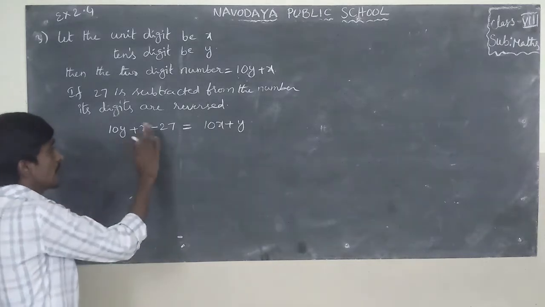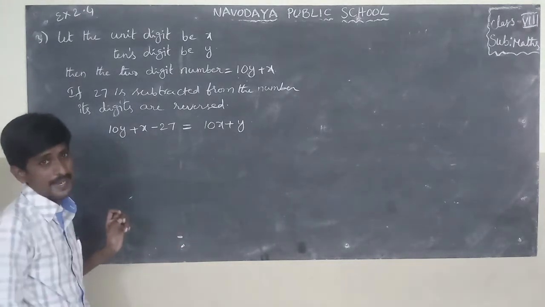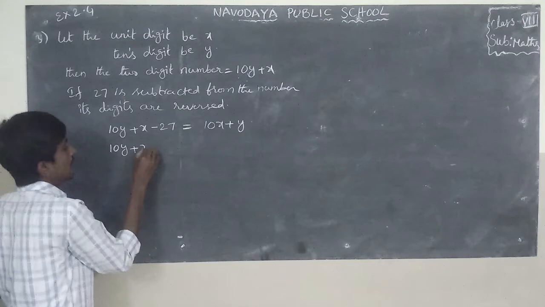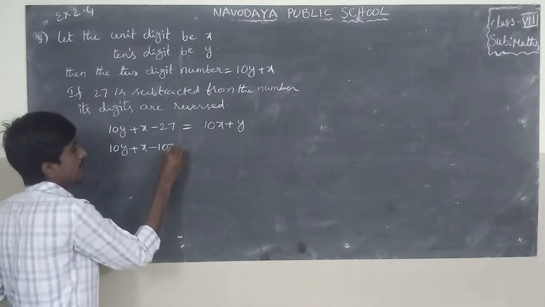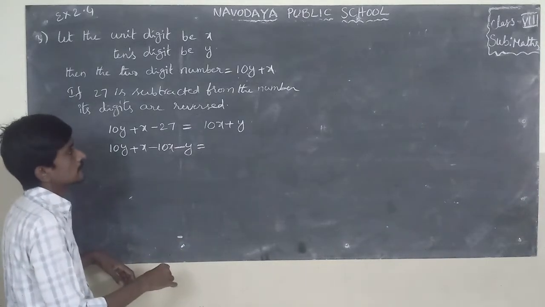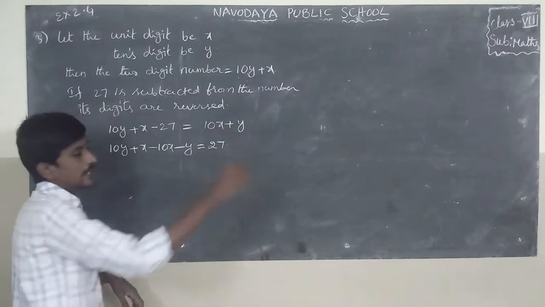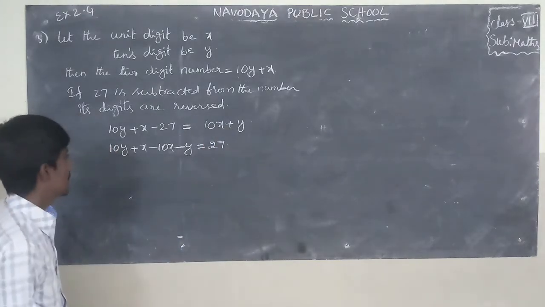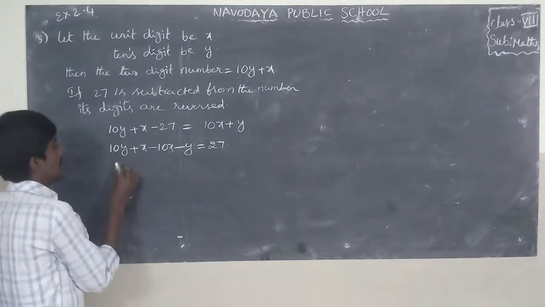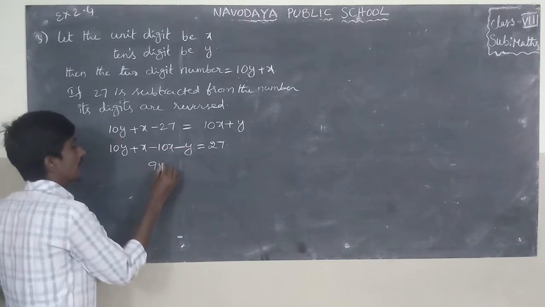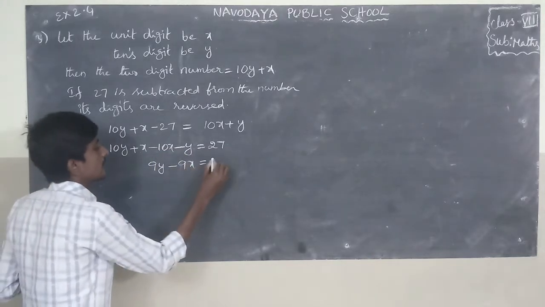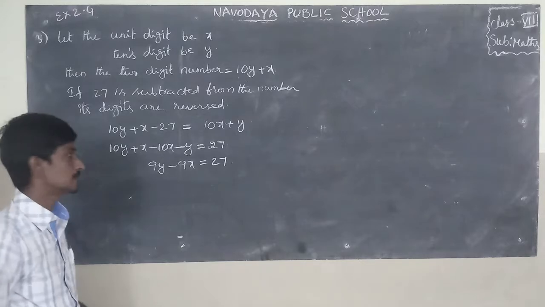Minus 27 transposes to that side, and 10x plus y transposes to this side. 10y plus x minus 10x minus y is equal to 27. 10y minus y, 9y. x minus 10x, minus 9x, is equal to 27.